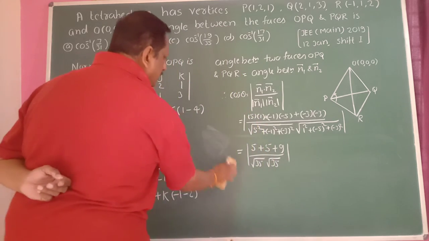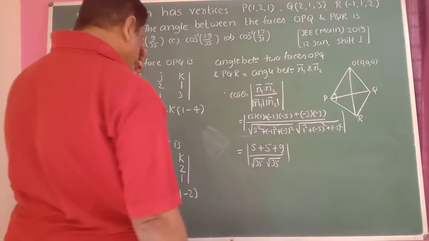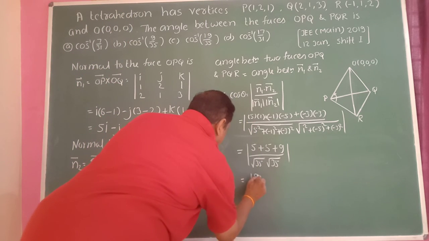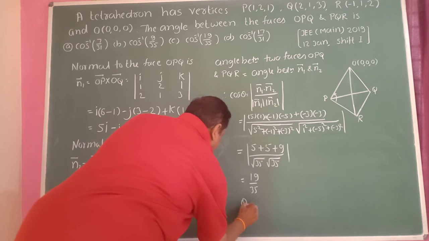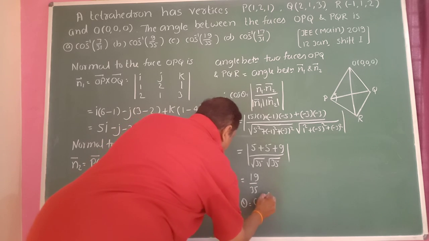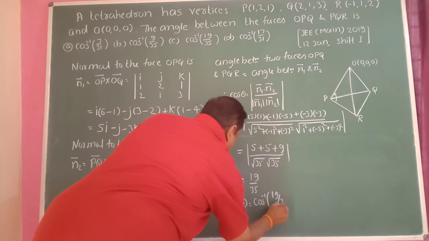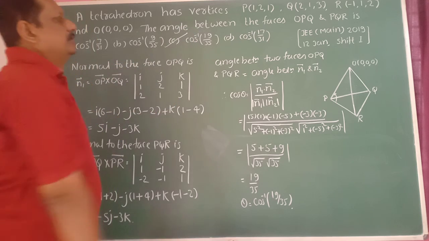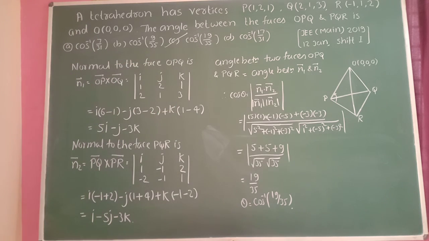Then 5 plus 5, 10, plus 9, 19. So this is equal to 19 divided by 35. So theta is equal to cos inverse of 19 by 35. Therefore C is the correct option. The angle between the two planes is equal to the angle between their normals.